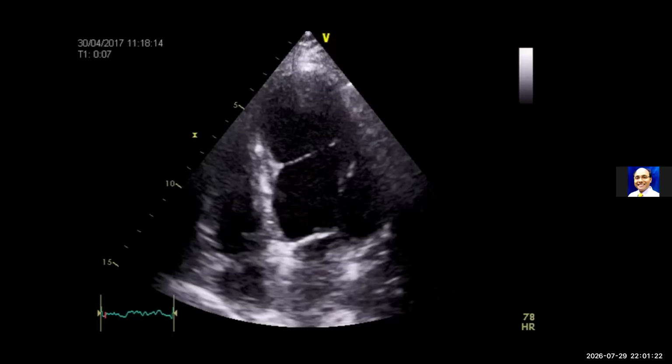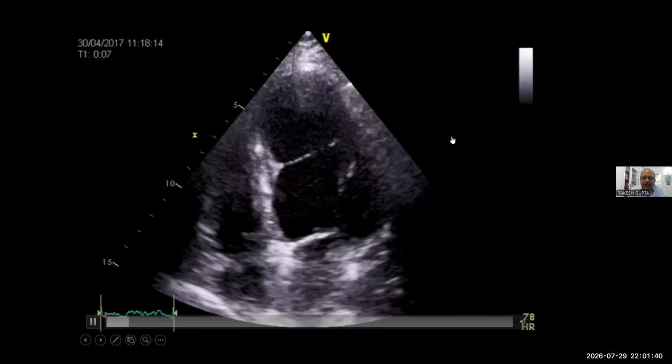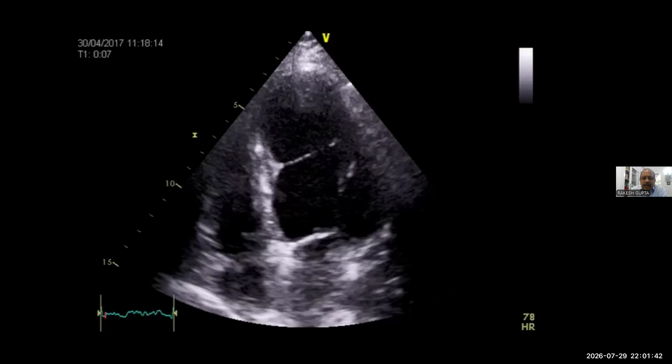And sir, what is the difference between apical aneurysm versus Takotsubo? In Takotsubo apical ballooning, the apical bulge is present, but the myocardium is not thinned out completely.